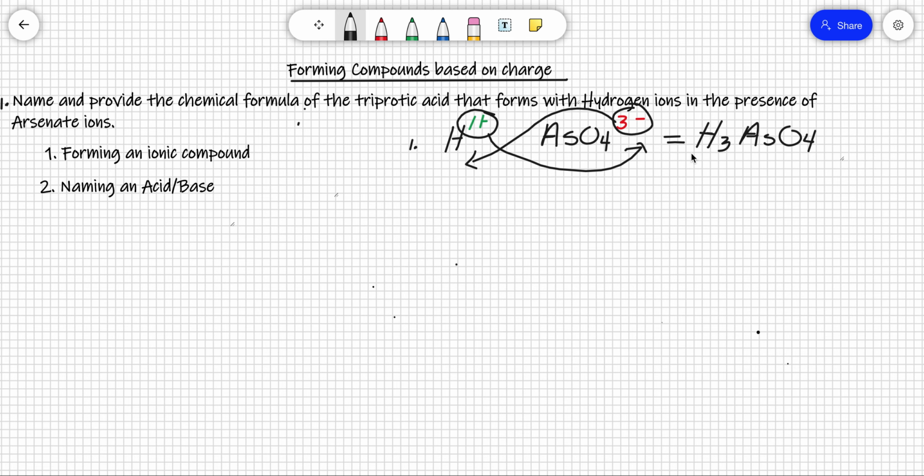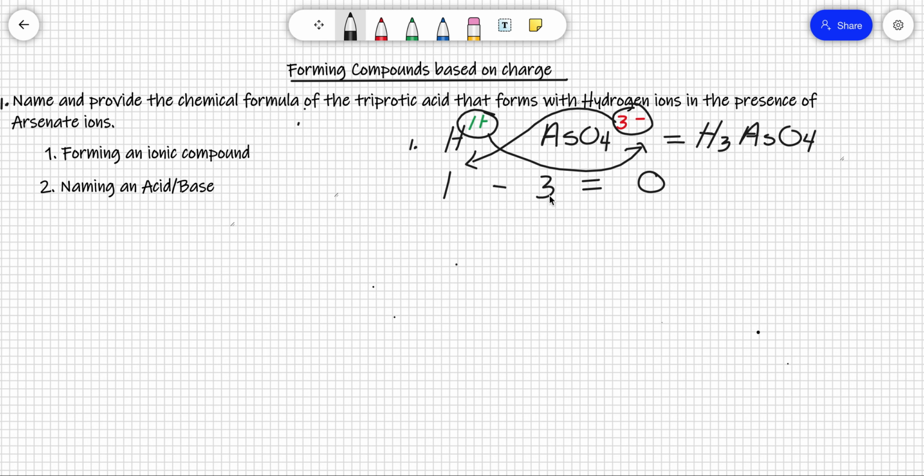Okay, that's the compound. Now, I know some of you are asking, well, why does that work, mister? You have to remember that a compound has to be electrostatically neutral. That means that the charges have to cancel out. So if I look at the charge of hydrogen, hydrogen is a 1+. And the charge of arsenate would be a -3. So basically 1 minus 3 has to equal 0.